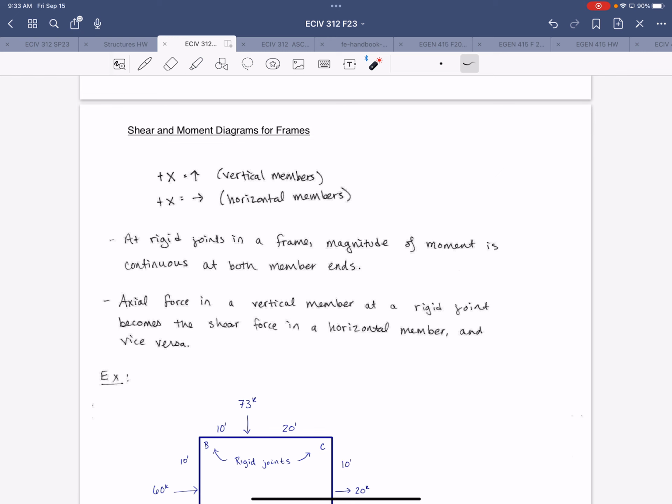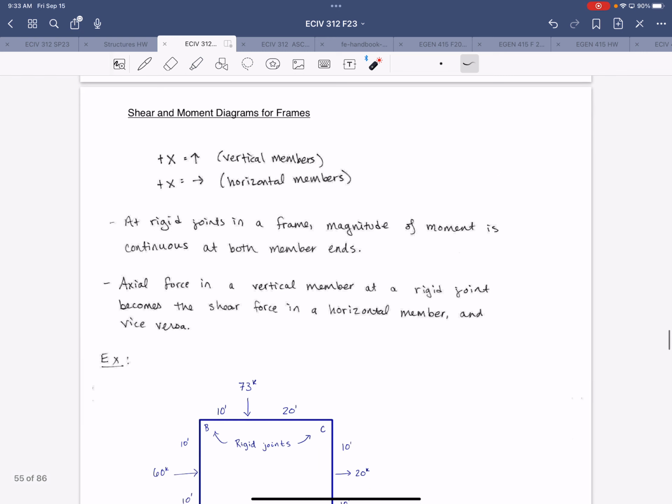All right, so now let's launch into applying this to frames. So first of all, we've talked about and are familiar with, right, the sign convention for a horizontal element, right? So you have your positive x left to right, and then your positive shear or moment is plotted upwards on the graph.